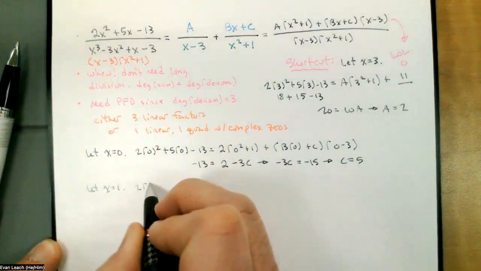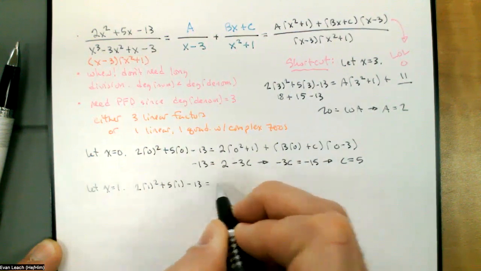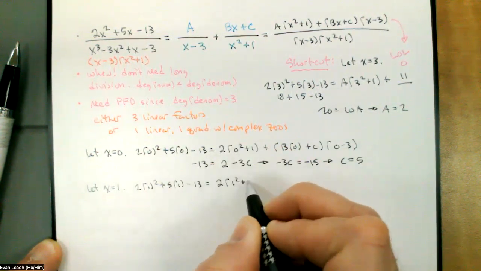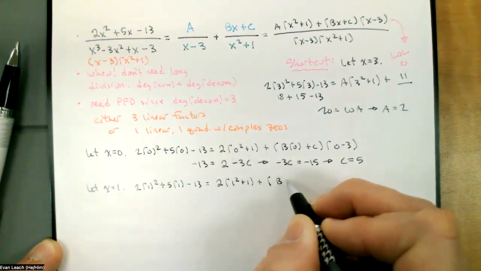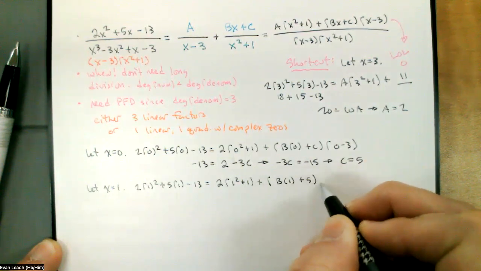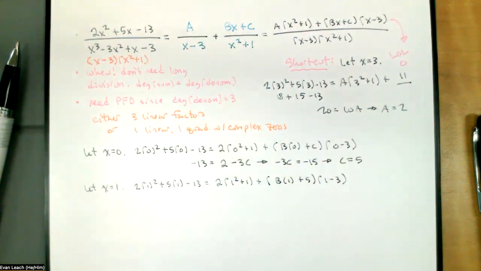So I have 2 times 1 squared plus 5 times 1 minus 13 is, we already know what a is, so 2 times 1 squared plus 1. We're looking for b. We know what c is. So I'm just going to plug in all the information that I have now, and then let x equal 1. This will tell us what b is.